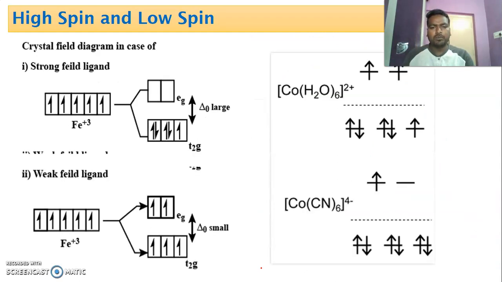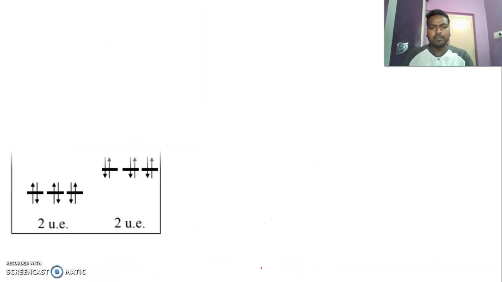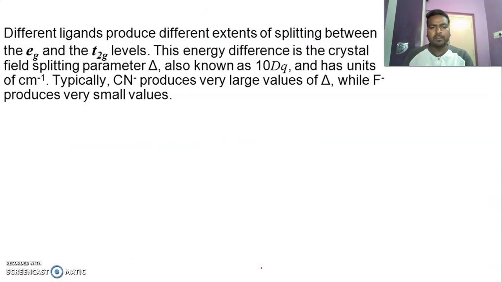Before going to that, you must know the answer for this question. Dear students, based on the spectrochemical series, we are going to identify whether it is a strong ligand or a weak ligand.